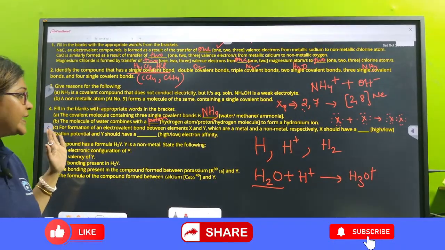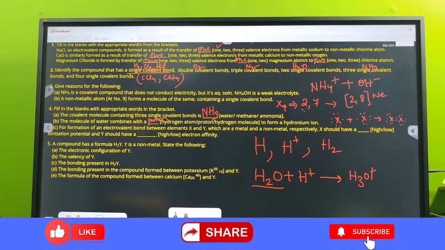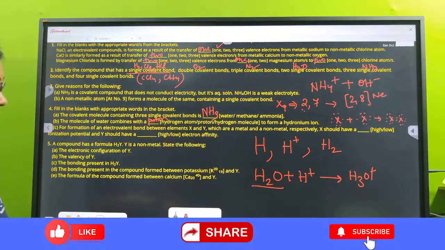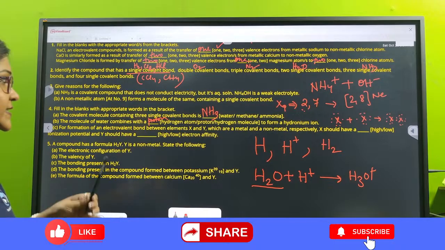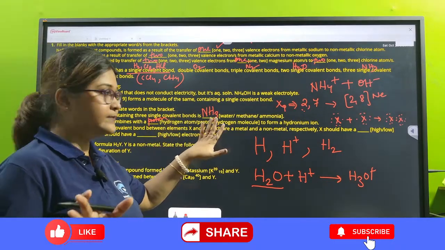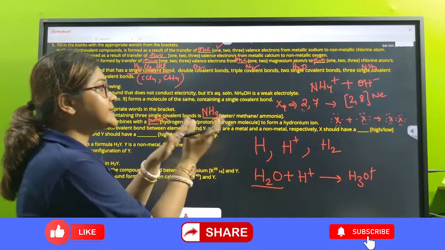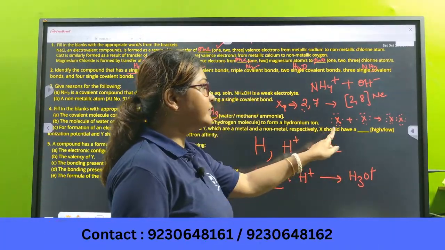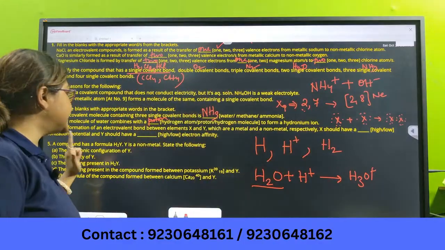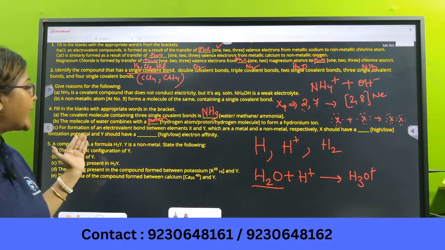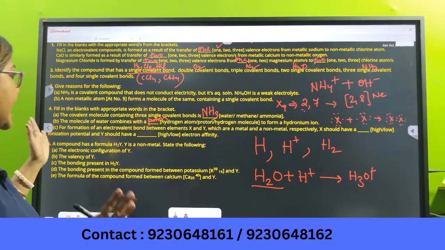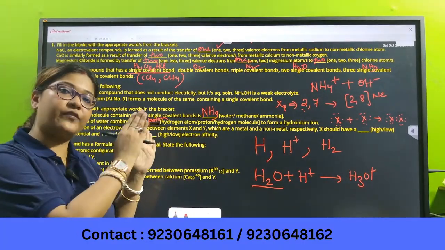Now the formation of an electrovalent bond between elements X and Y, which are a metal and a non-metal respectively. X is a metal, Y is a non-metal. So X should have dash ionization potential and Y should have a dash electron affinity. XY is an electrovalent compound.